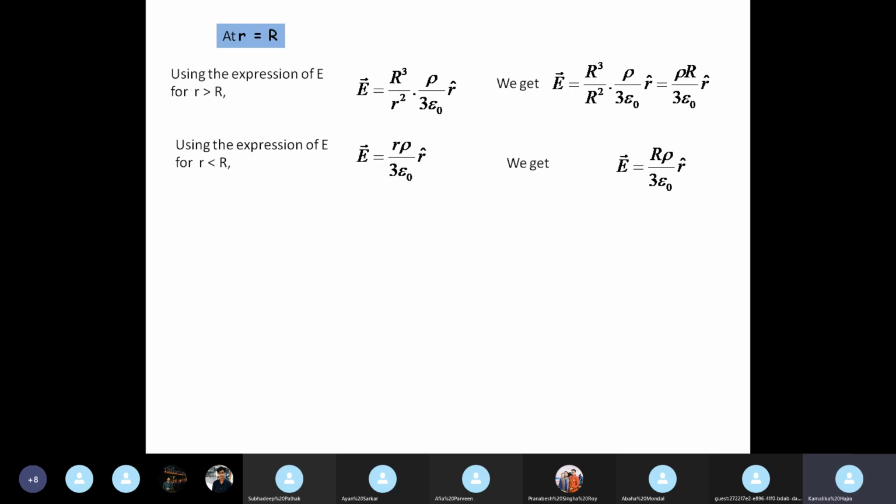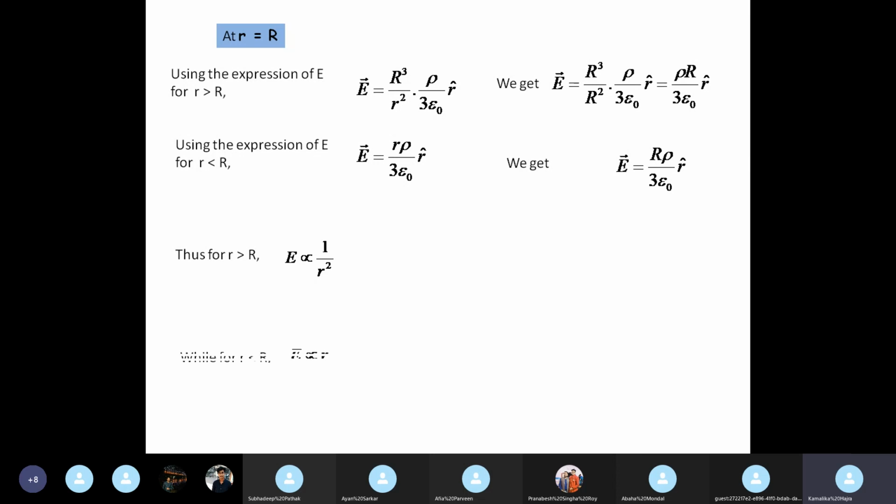Now if you look at these two expressions of E for r greater than capital R and r less than capital R, you see for r greater than capital R, E is proportional to 1 by r square. So E is inversely proportional to r square. So greater the value of r, lesser is the value of E. The more you move away from the sphere, the strength of the electric field decreases.